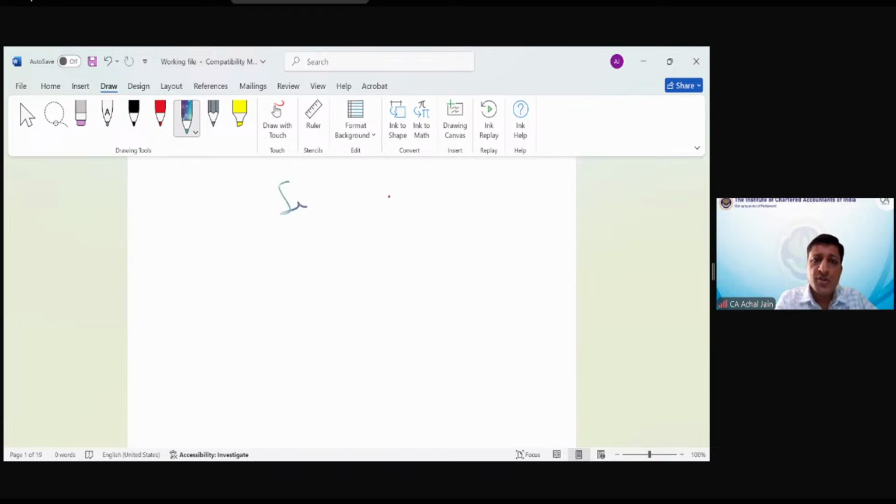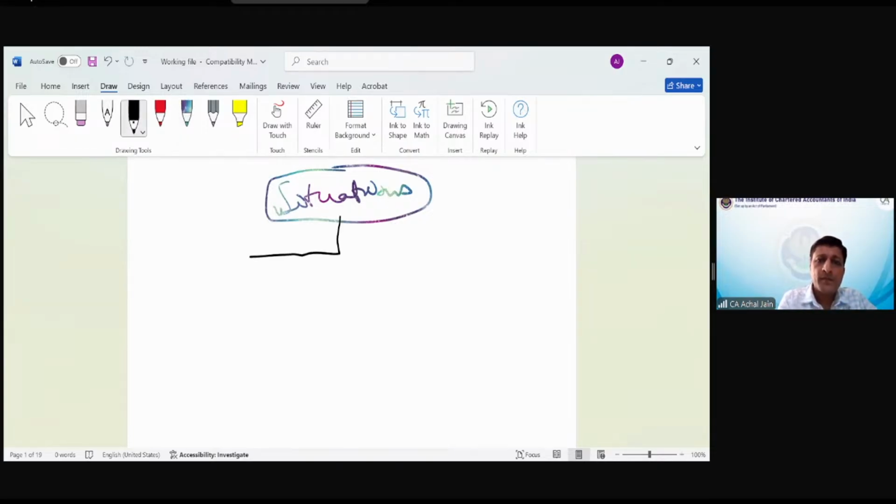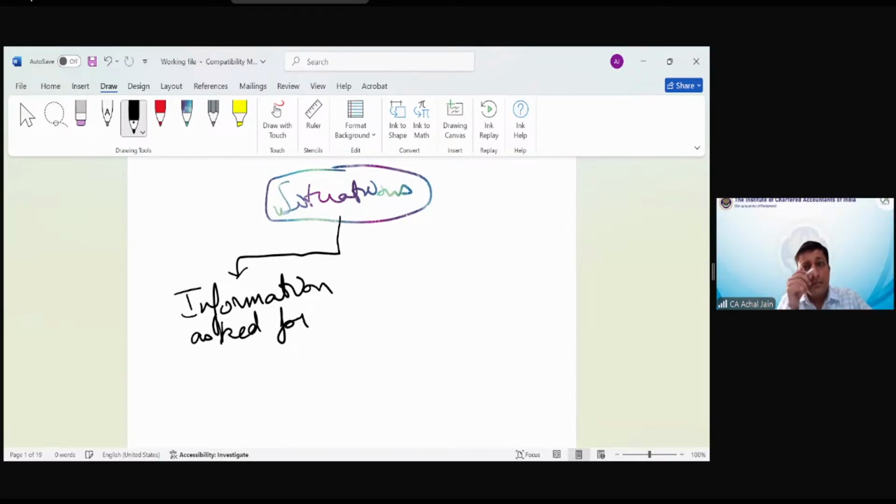Now, what are these two situations? The auditor has asked for some information, information asked for, and that has been provided by the entity.